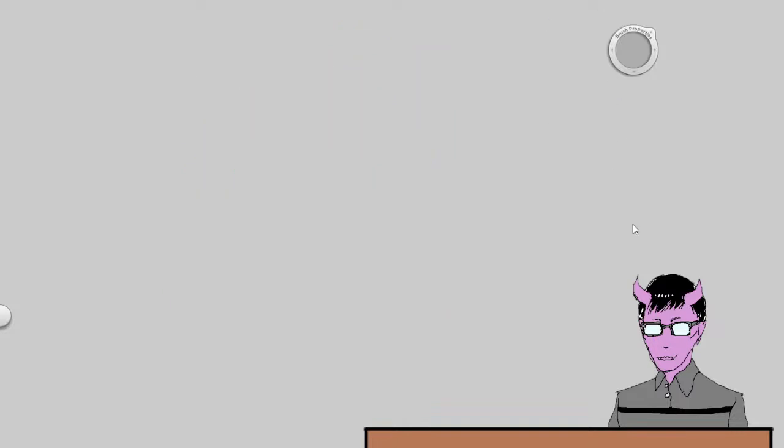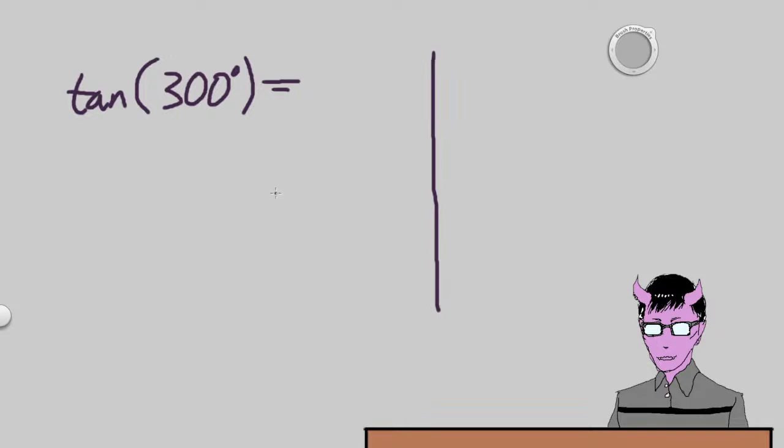Okay. Well, we might as well do one more, or maybe several more, right? So let us do tangent of something like 300 degrees. You knew this was coming, right? So this is now 300. Well, XY coordinate system sketch first. Figure out which quadrant we're in.